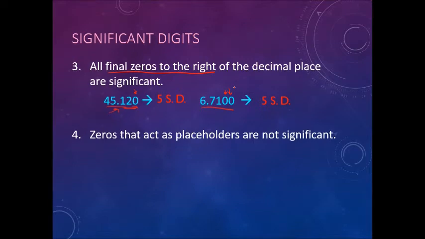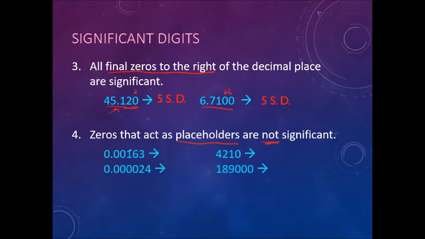Now, this is the hardest to recognize, the zeros that act as placeholders. They are placeholders, they're holding place values. They're not between non-zero digits. These ones are just placeholders and they are not significant. So looking here at our example, these zeros before the non-zero digit starts, these are the placeholder zeros I'm talking about.